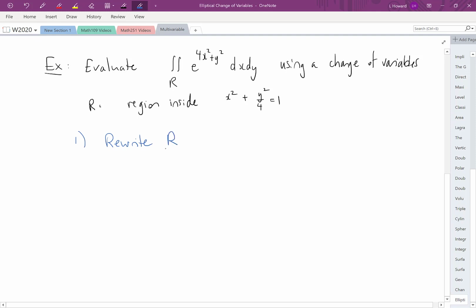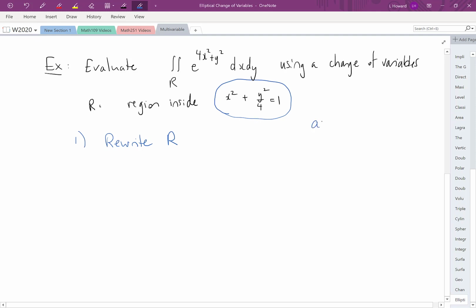Based on the discussion we just had a minute ago, we know there's a specific way to parameterize the region inside an ellipse. Okay, so let's look at the denominator squared here for our ellipse. So what's playing the role of a squared here is 1.